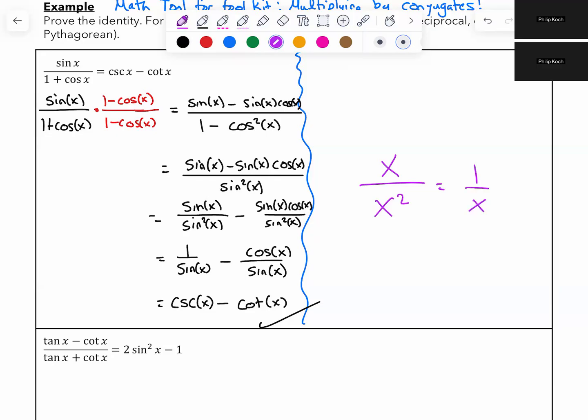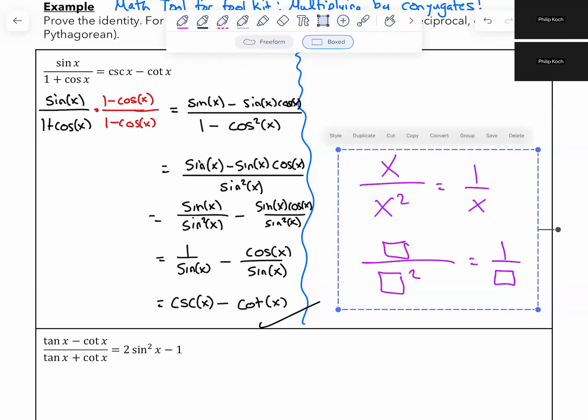One of the x's cancels and it goes away. Same thing, the trigonometric functions are no different. In fact, if I have box over box squared, that becomes 1 over the box, and so on and so forth. So we need to get comfortable realizing that sine and cosine and tangent, they're just a box, and they can be canceled with other boxes. Okay? Great point. I'm glad you brought it up.